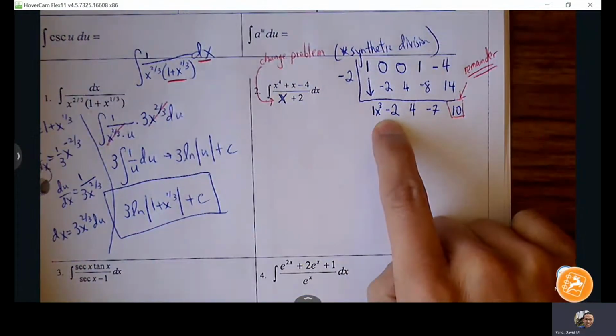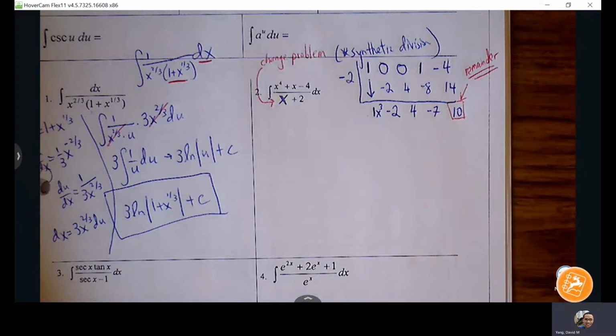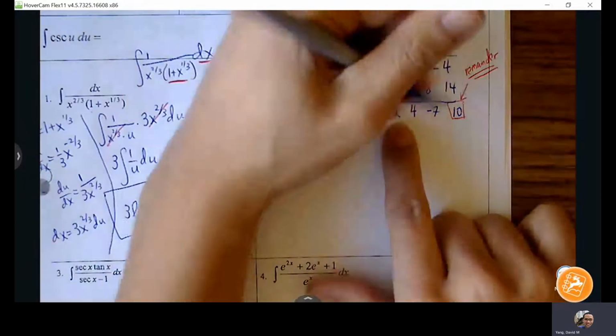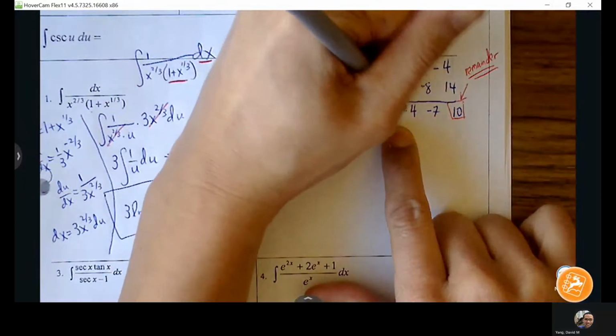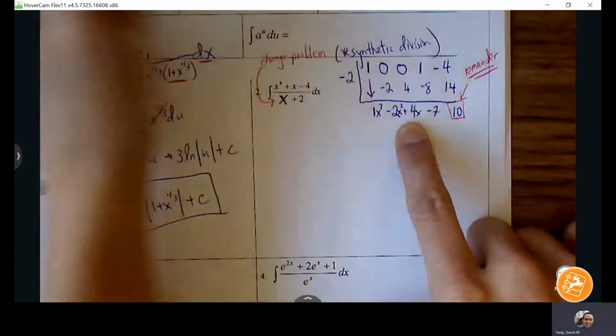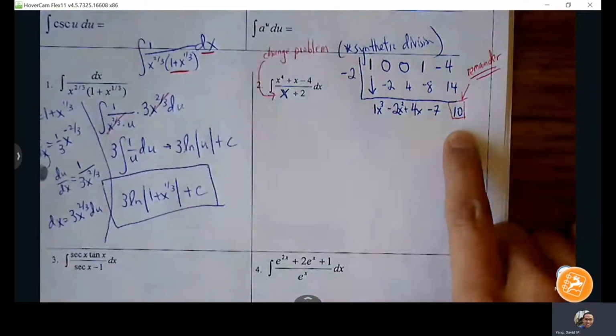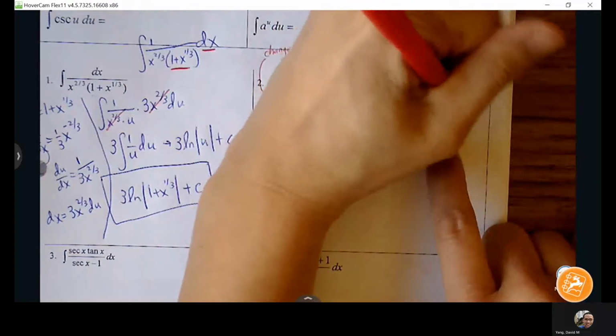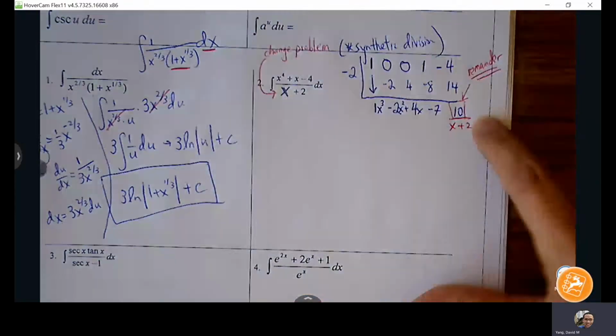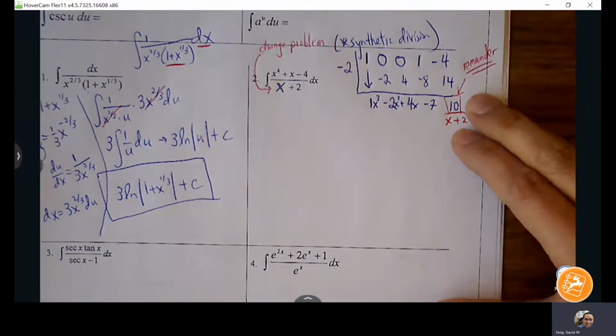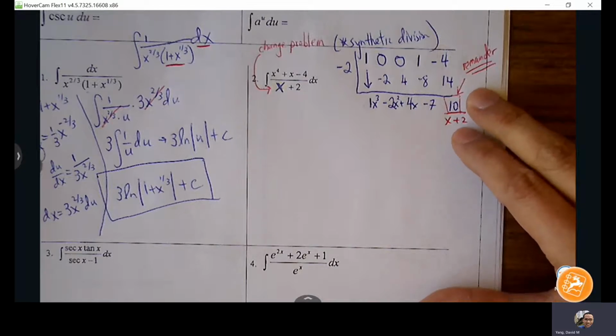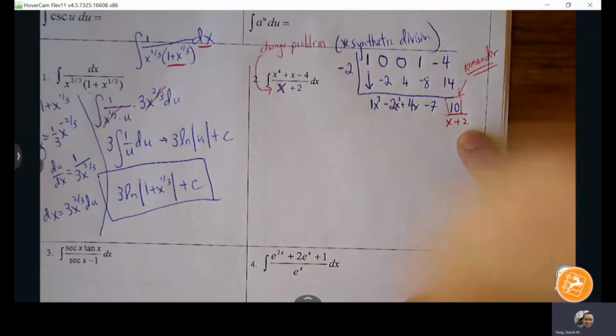Now every term is just going to decrease by 1 degree. So next up will be x squared. Linear, constant, and the last term is going to be divided by x plus 2. So the remainder is indicating that I can't divide any further. So 10 over x plus 2 is as far as I can get.